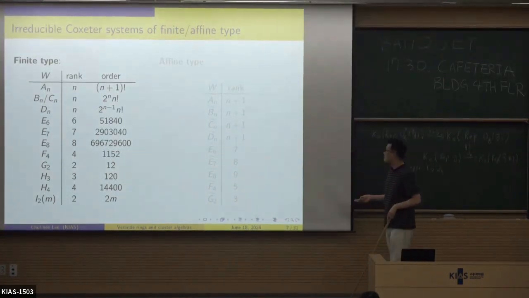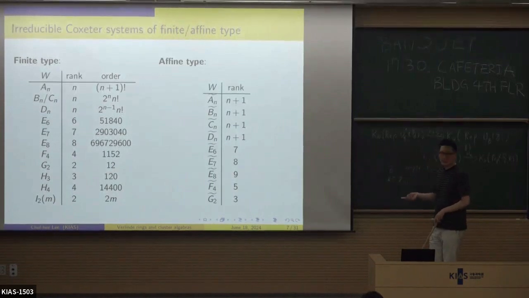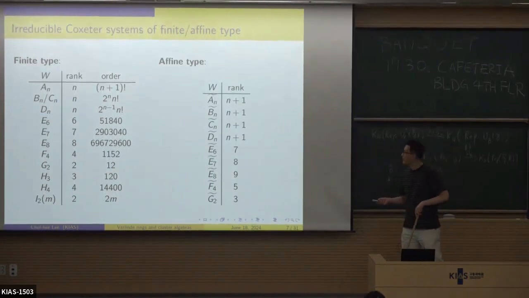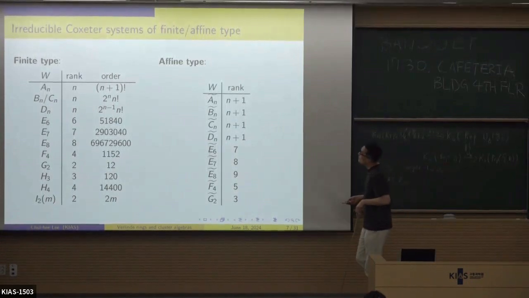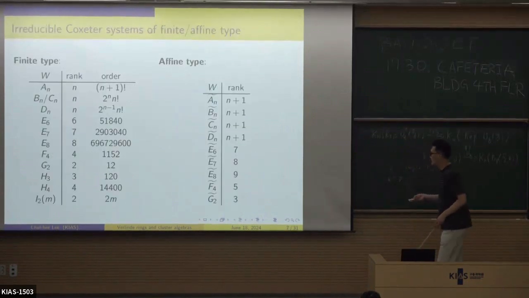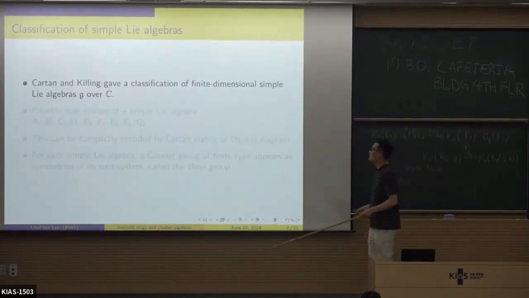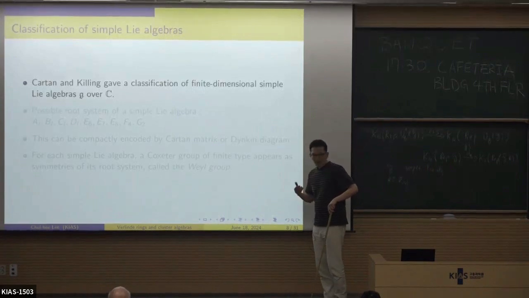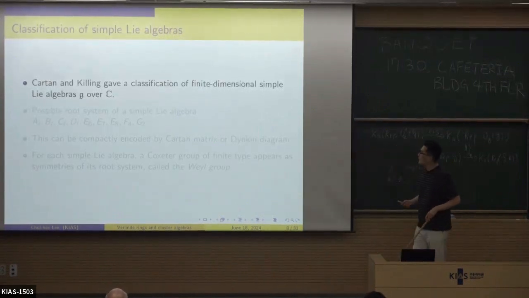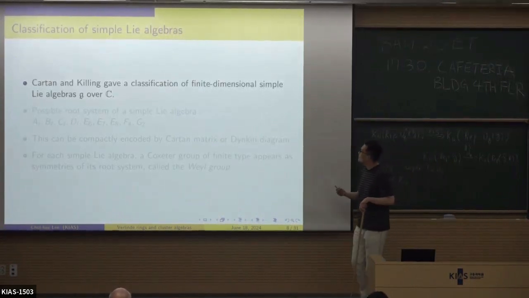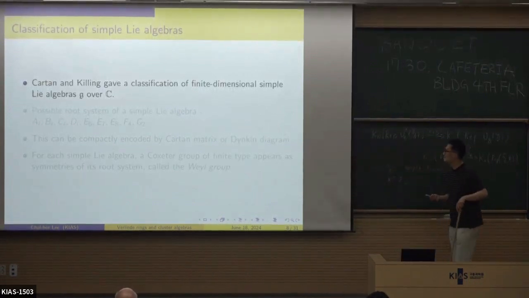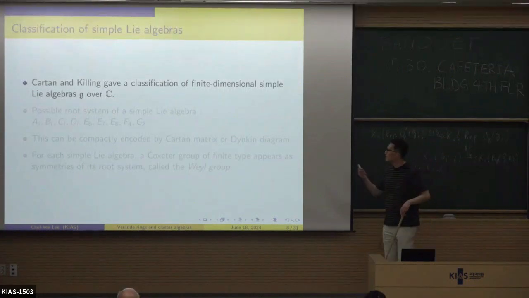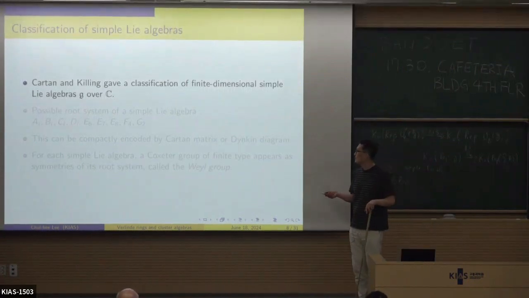And there's also a classification of affine type Coxeter groups. So let's consider a slightly different context. Cartan and Killing, in the 19th century, completely classified finite-dimensional simple Lie algebras over the complex numbers. And the key structure in this classification is something called the root system.